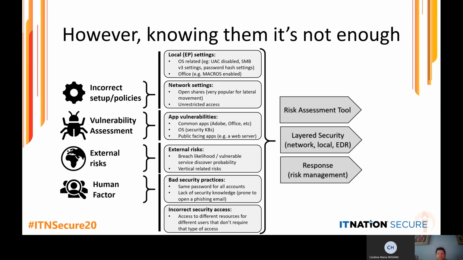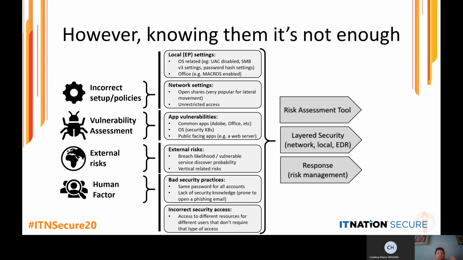A response mechanism for risk management means that if I see a vulnerable application, I need to be able to patch it. If I see some incorrect configuration on someone's laptop, I need to be able to fix it. If I see some bad practices from a user, I need to be able to find a way to solve it, either a security awareness training or reducing the security access or something like this.